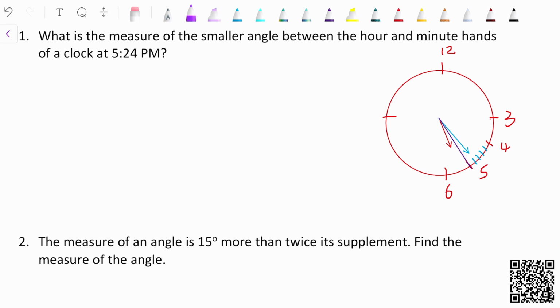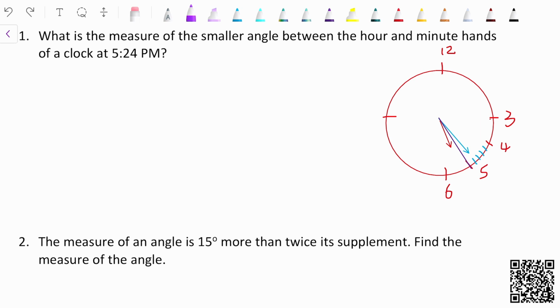So we can solve the red and the blue individually and then add them together to see what their angle degrees are. Basically this little bit and this little bit, all separately. So how can we solve this? Let's start with the minute hand. We can solve this by how far away from 5 they are and then add it together.